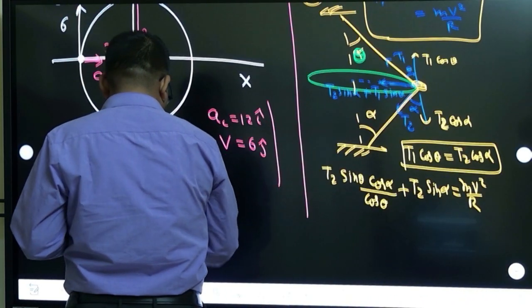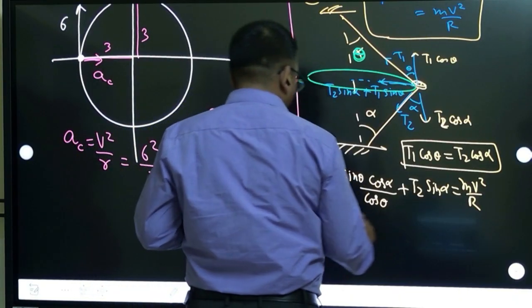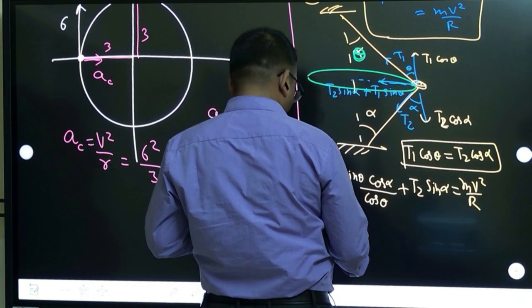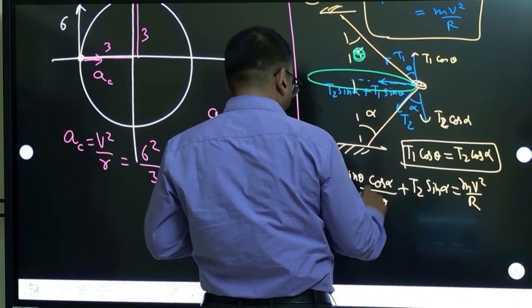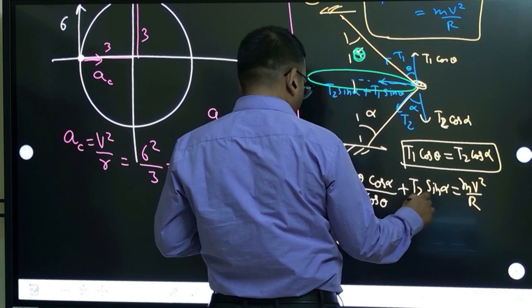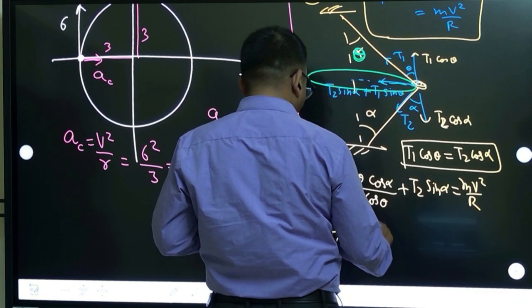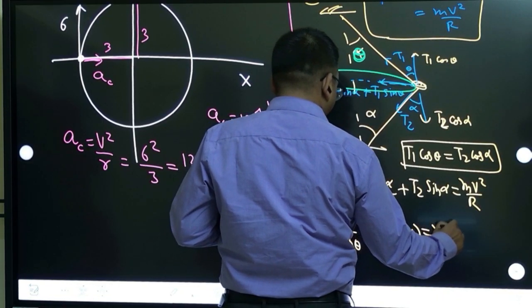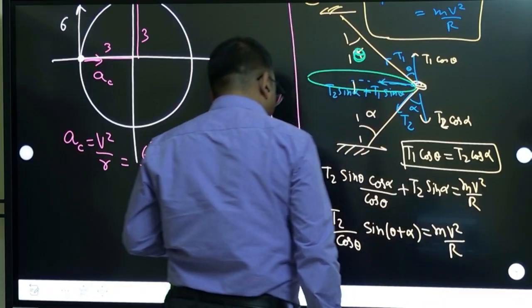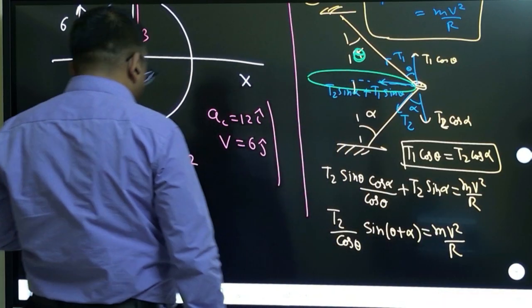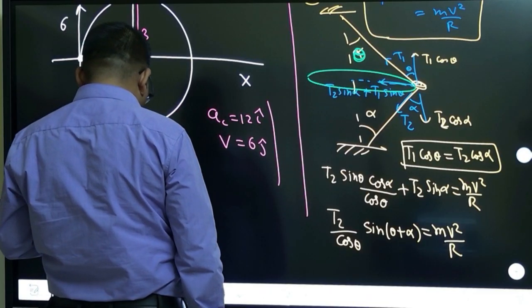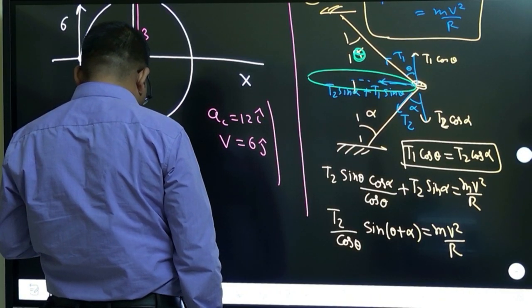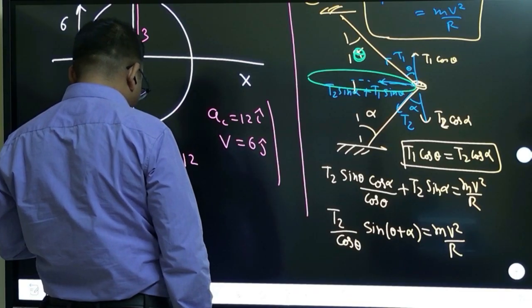From here, what can be concluded? Taking T2 and cos theta as the LCM, sin A cos B plus cos A sin B can be written as sin of theta plus alpha, and this equals m v square by radius.